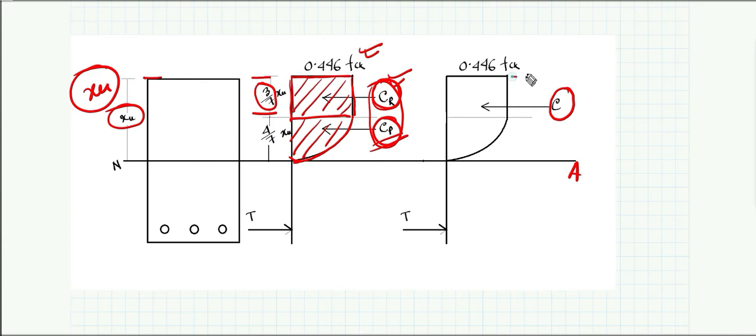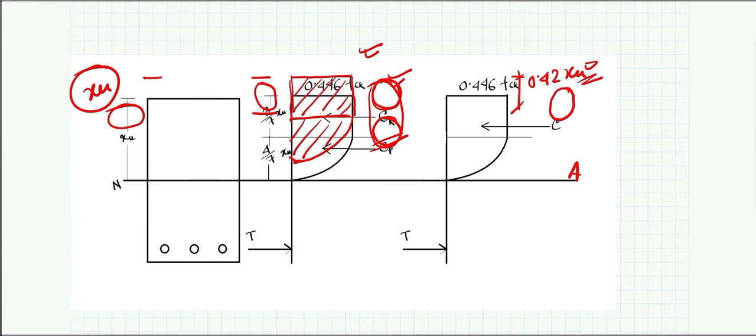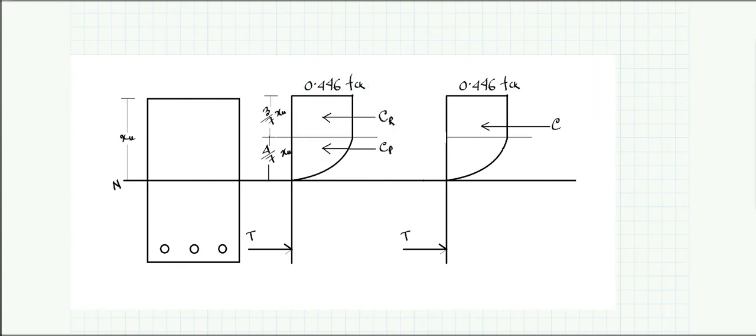Suppose this is the location. The location is already given in the code as 0.42 XU. We'll also see how this value can be calculated. Now remember this figure.